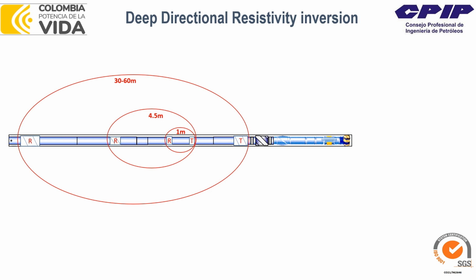In this case, to increase spacing up to 30 meters, they had to separate them in the BHA, so it's not one piece of tool anymore. The first ultra deep directional resistivity tool was called GeoSphere and was commercialized in 2014 by Schlumberger. This tool had the transmitter and receiver as separate subs in the BHA.